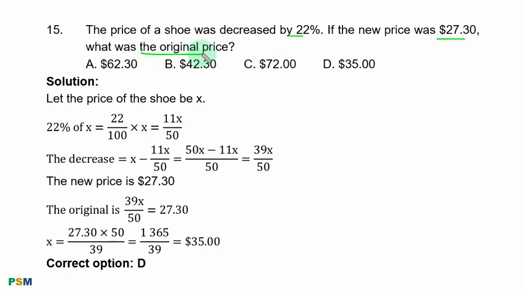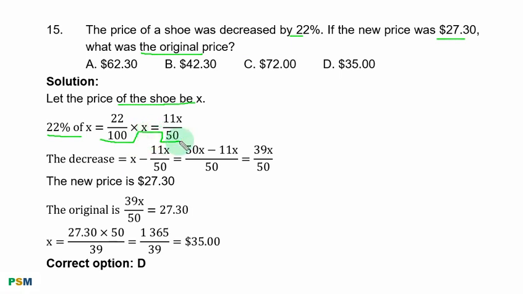Solution. Let the price of the shoe be S. Let's compute 22% of S. That is 22 over 100 times S equal to 11S over 50.